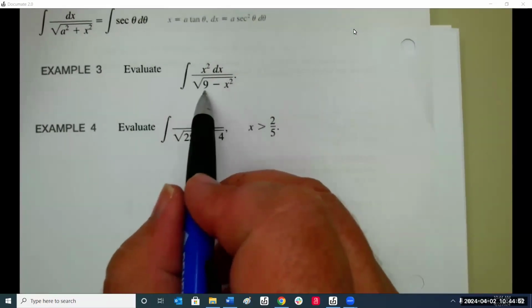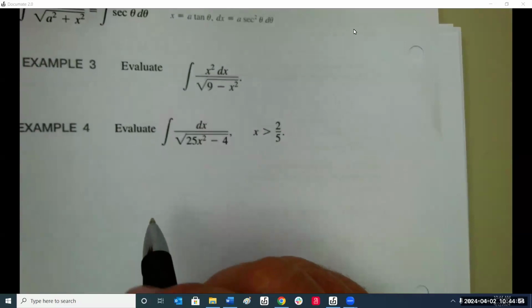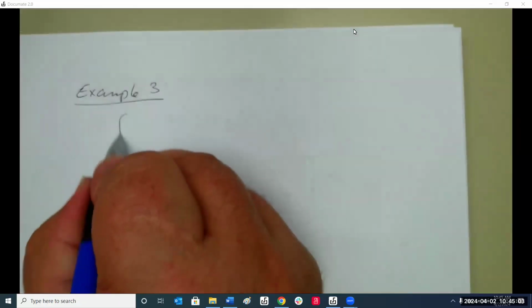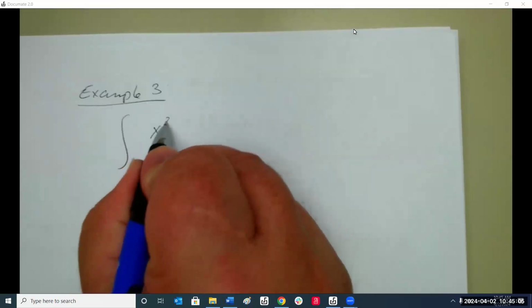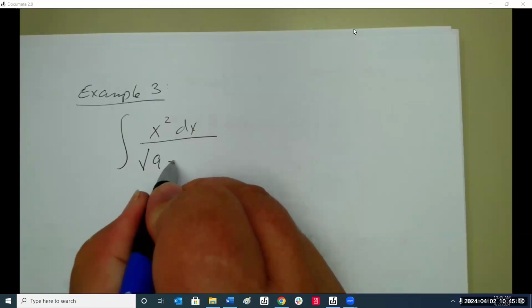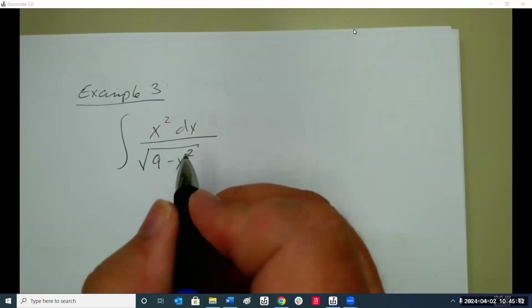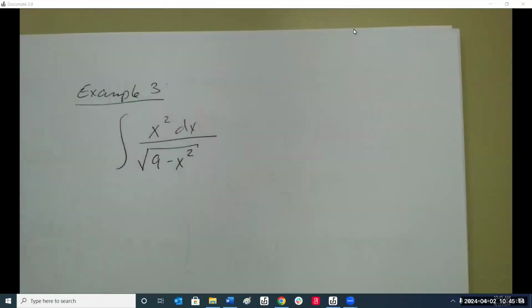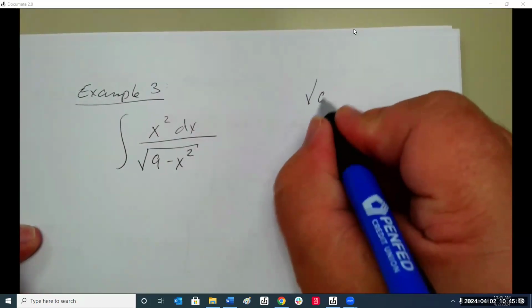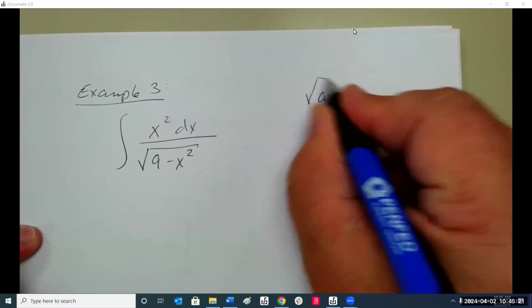Here we have example 3. Evaluate the integral of x squared dx over the square root of 9 minus x squared. So here we're looking at a squared minus x squared.